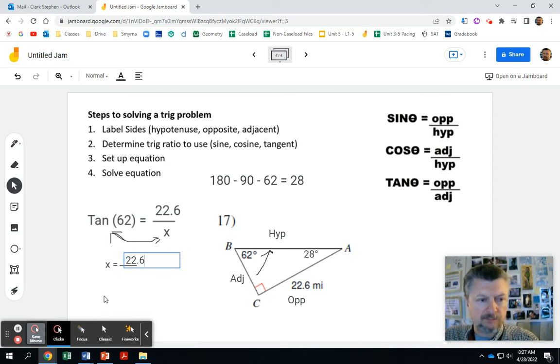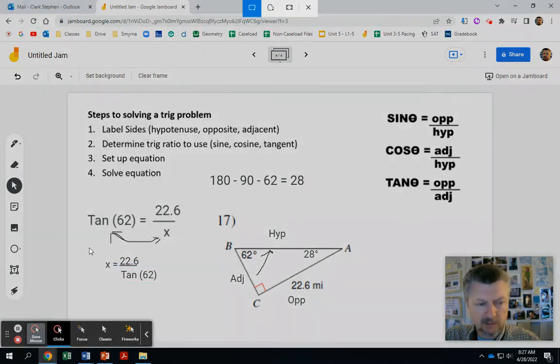And we're going to have X. And then we're going to have tangent of 62 on the bottom of the fraction. All right. We make that larger too.